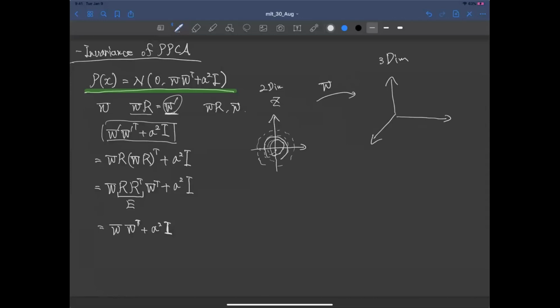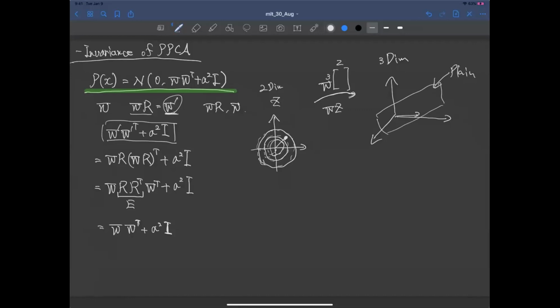Let's say we got a sample here. It's transformed by W. In the case W is a 3x2 matrix, the transformation WZ will be like a plane.